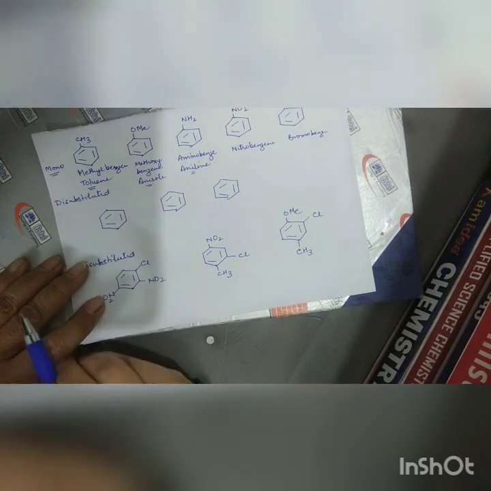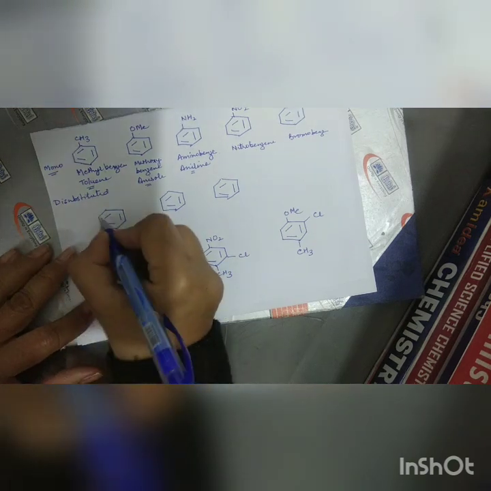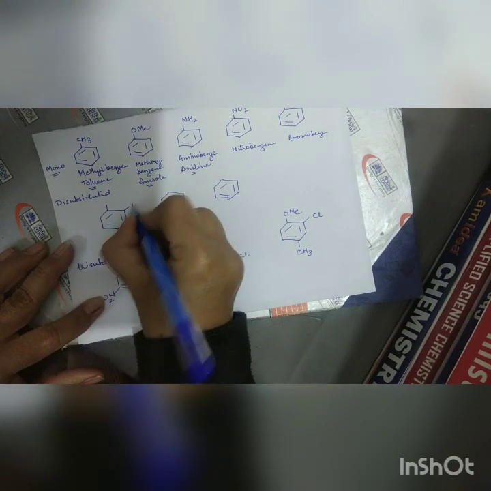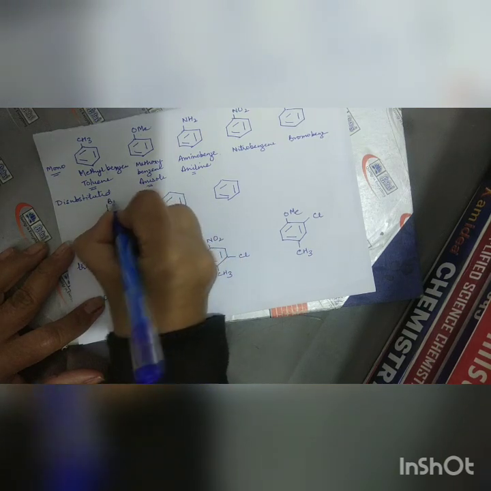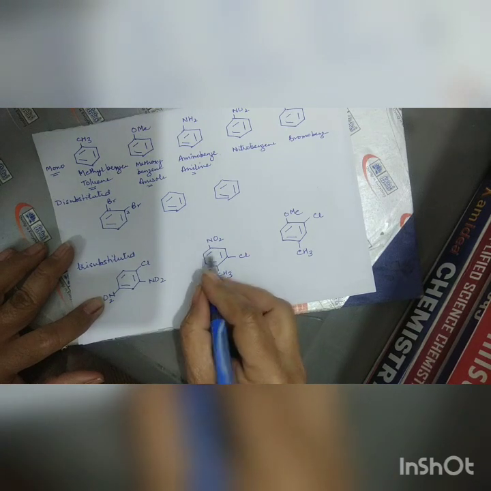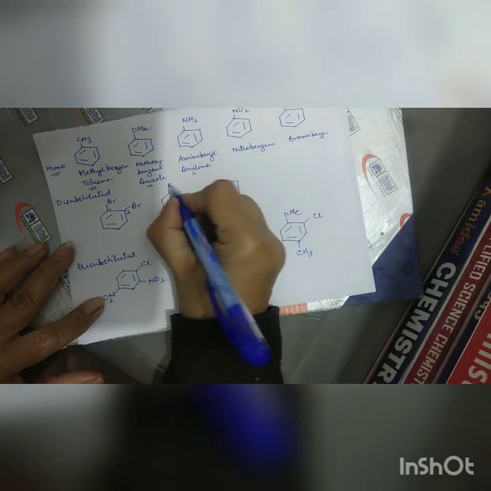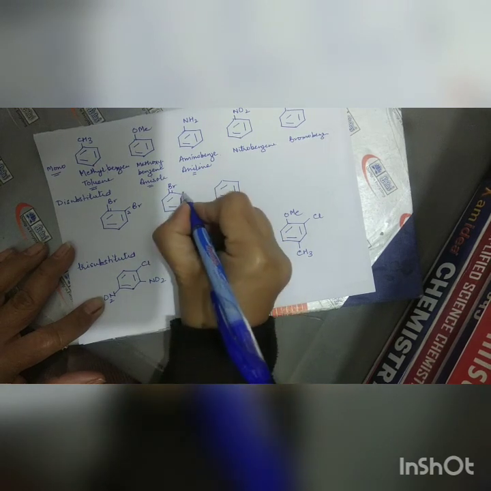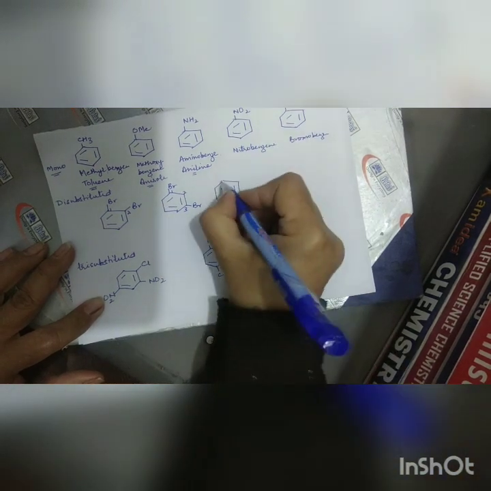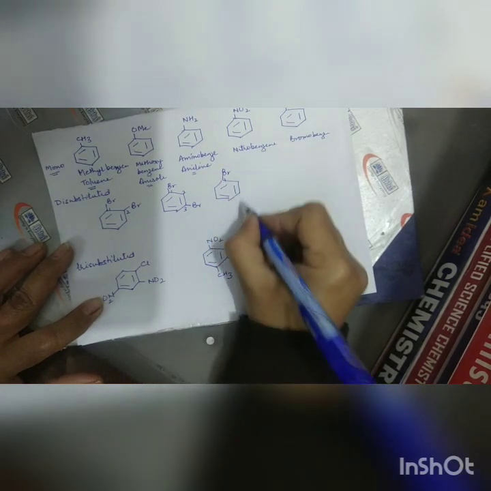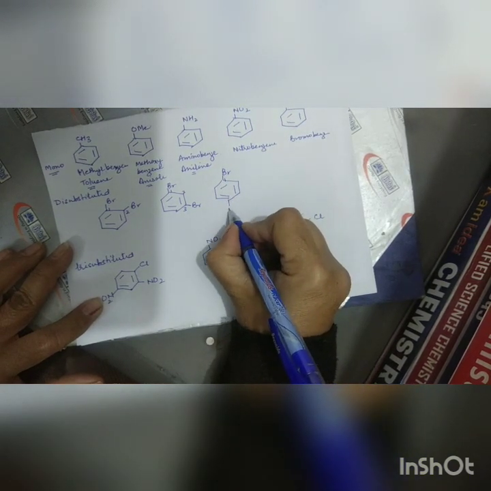Let's go for disubstituted. It can be two same substituents, like bromine. Positions are 1,2 positions. It can be bromine at 1 and 3 positions. It can be any bromine or nitro at 1,4 position.